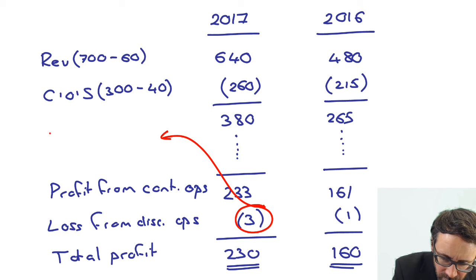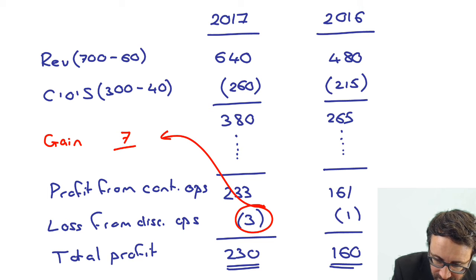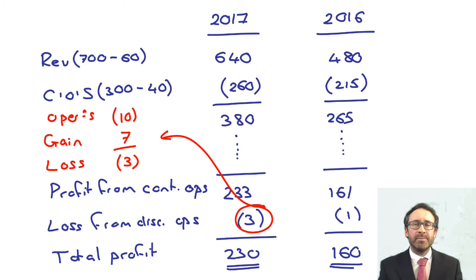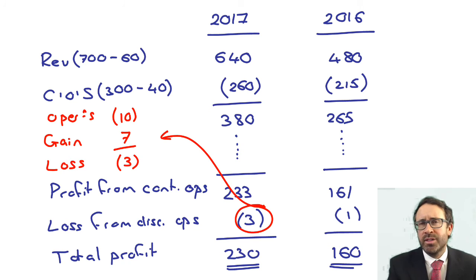If you've got a gain of 7, and an overall loss of 3, then the actual loss that the operation was making was 10.